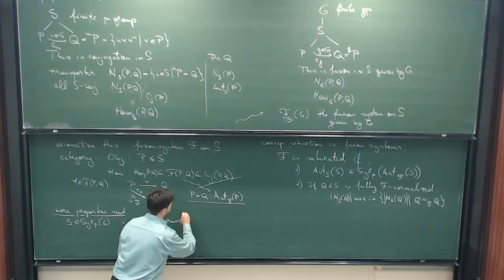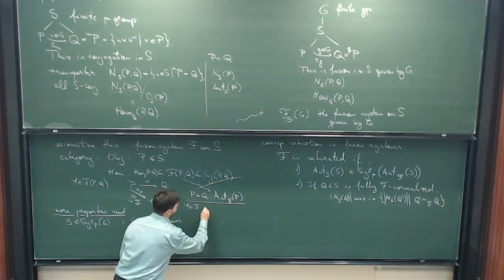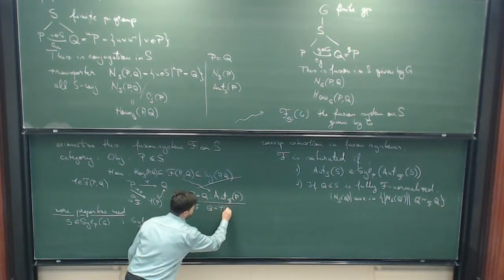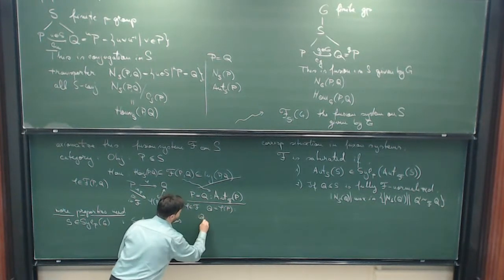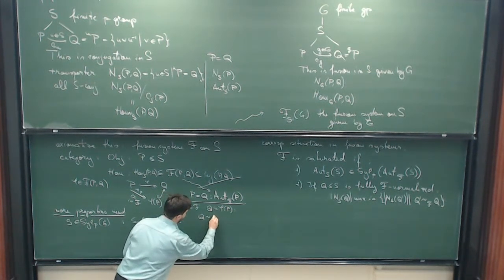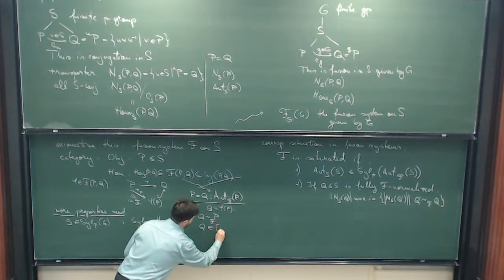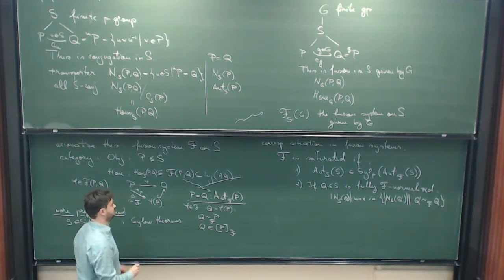If phi is in F and Q is phi of P, then we say that Q is F-isomorphic to P, or that Q belongs to the F-isomorphism class of P, right?